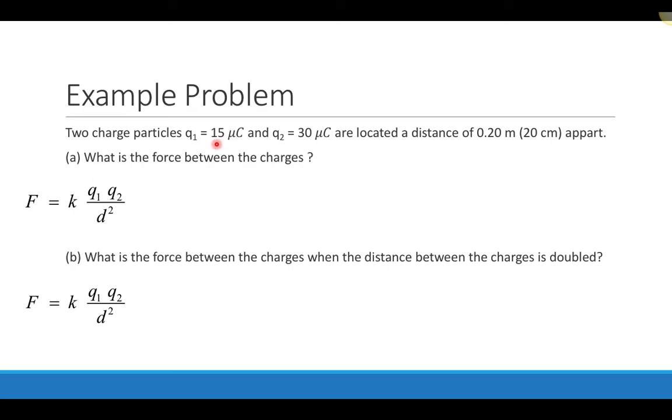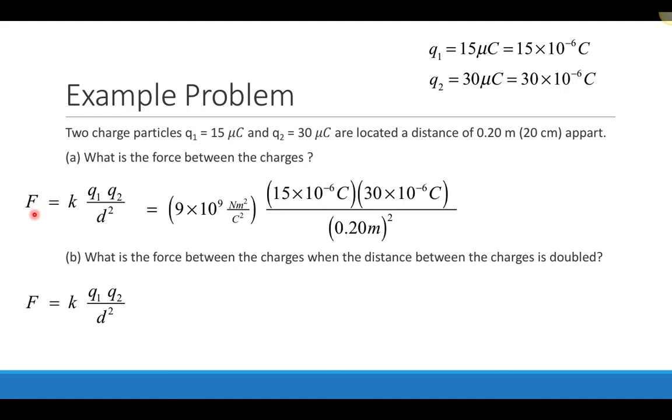So I can convert Q1 from microcoulombs to coulombs by replacing the microcoulomb, here's my microcoulomb, with 10 to the minus 6. And then I can do the same thing for Q2, where I have 30 microcoulombs. Where I see micro, I replace it with times 10 to the minus 6. Now I can use those values for the charge, and I can plug in.